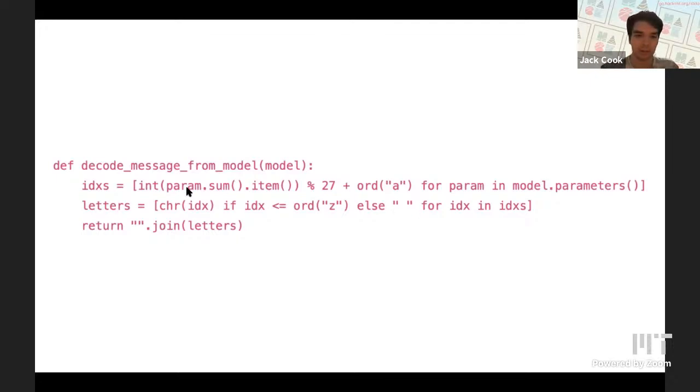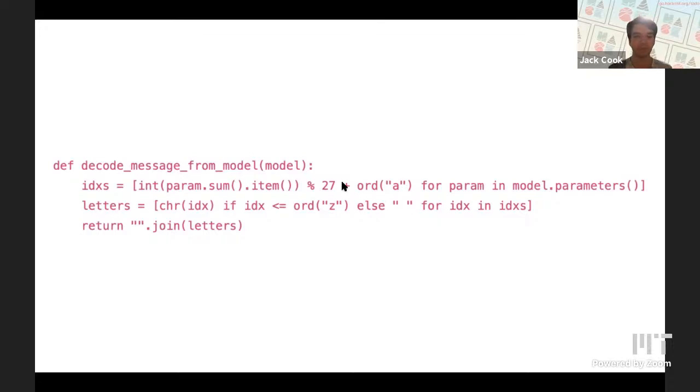For each weight matrix, we take the sum of all of the weights in that matrix and then round it to the nearest integer, and then convert it to some number.